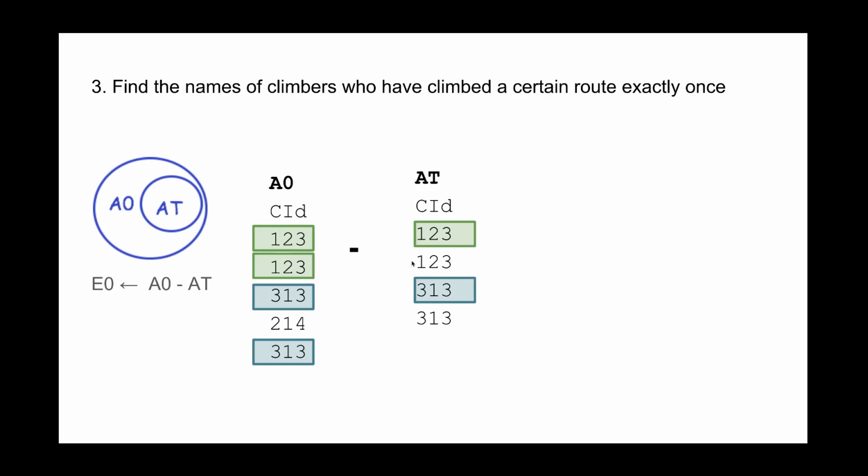This one is the same, so we don't do anything. And this other one, we are going to remove this and this. And the only one that remains is the 240. Here it is. A0 is going to be the climber ID 240.